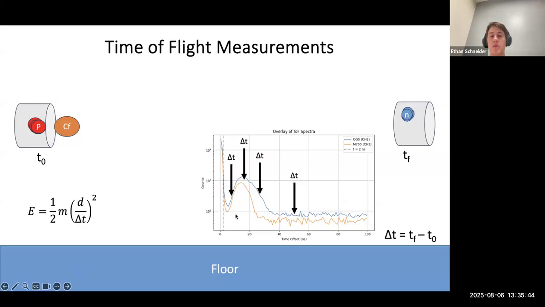We can do it for another time bin, another time bin, and now we have data which we can say, to some degree, is a single energy of neutrons. And so long as we have enough statistics in each of these bins, we will have monoenergetic or pseudo-monoenergetic neutron sources for a variety of energies, which we can start working off of.